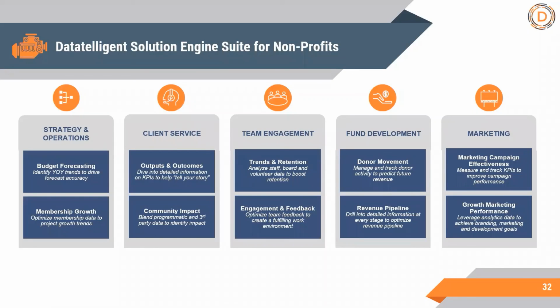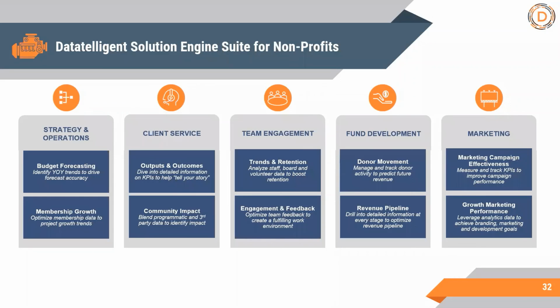Now, I alluded to this earlier, but to help with the speed to value for our solutions, we developed these solution engines, and you can see these a little bit more in detail here. You can see we have 5 different categories of solution engines for nonprofits that we bring to the table. The first group is strategy and operations.